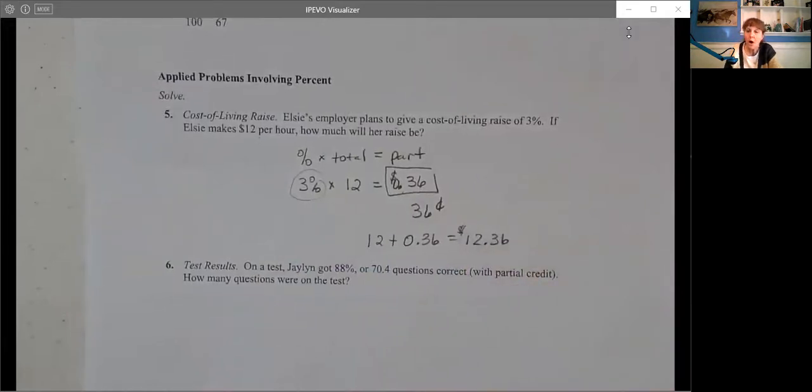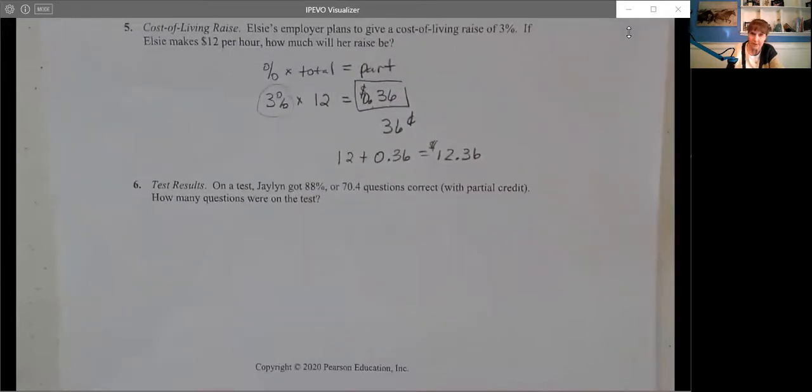All righty. Okay, let's look at number 6, test results. On a test, Jaylen got 88%, or 70.4 questions correct with partial credit. How many questions were on the test? Okay, when you look at this, you've got your 88%.